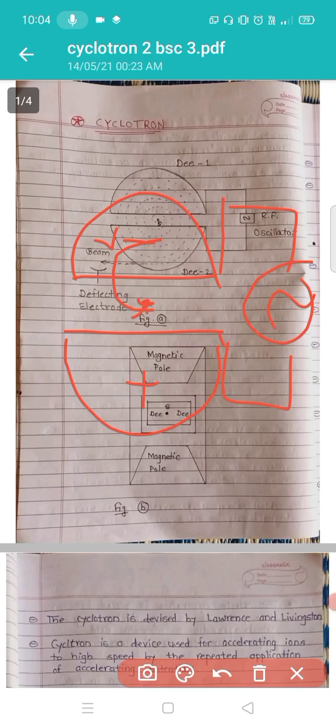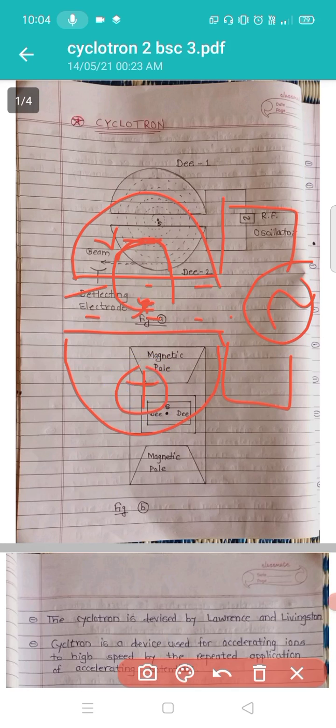Okay, then it follows a semicircular path because of the magnetic field and it again comes into the gap. There is an electric field. Due to that electric field, the particle gets accelerated and the polarity of the Ds gets changed.